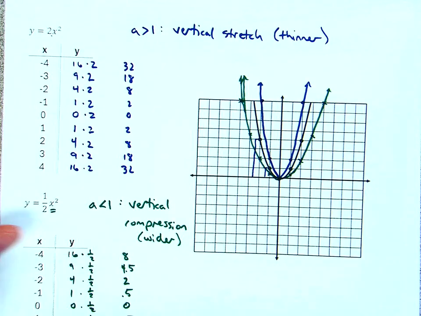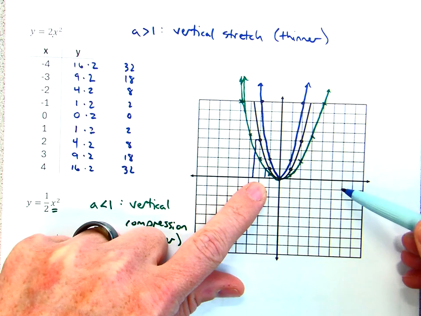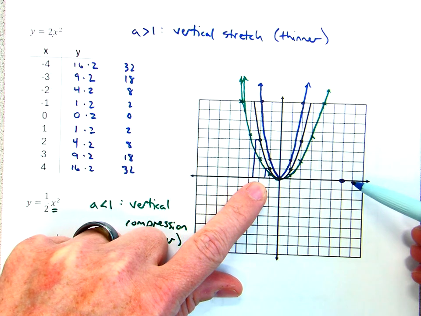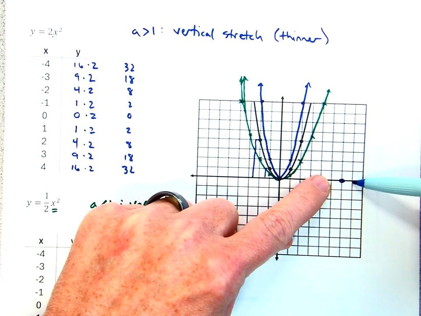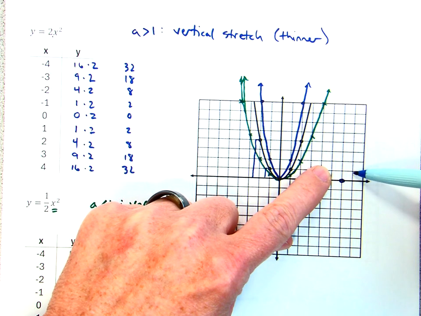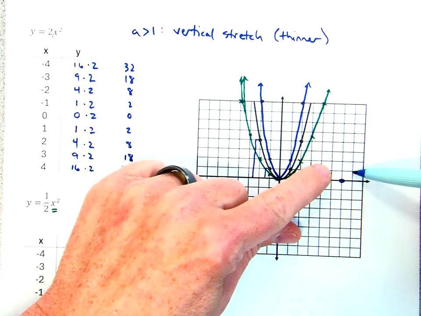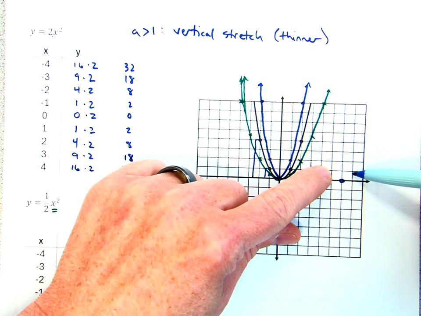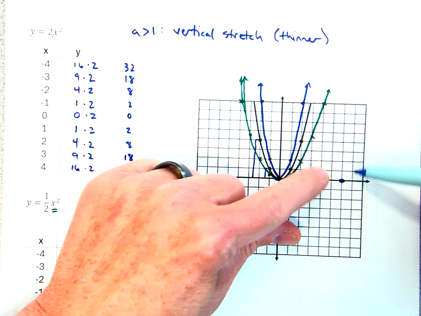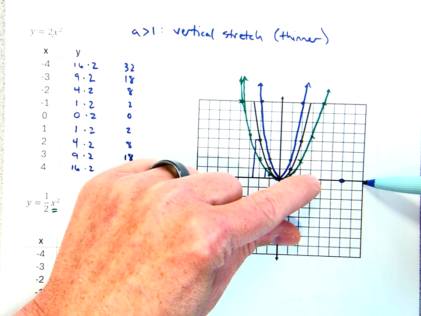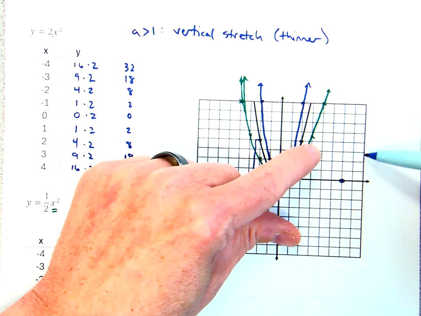If it is going to affect the shape, then once we move the vertex to a new location, we say, well, if I'm going out 1 and then going up 1, if I have a multiple of 2 here, instead of going up 1, I'm going to go up twice as much. So I'm going to go up like 2. If I normally go out 2 and then up 4, I'm going to go up twice as much, which is 8.